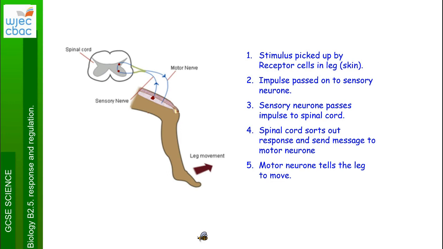Really for number 3, we should be saying that it's the relay neuron in the spinal cord that it's passed to. Number 4, the spinal cord sorts out the response and sends message to the motor neuron. And then the motor neuron tells the leg to move by causing muscle contraction. Okay, so as long as you've got something similar to what we've got there on the screen. If you need to pause the video to get this information down, please do.